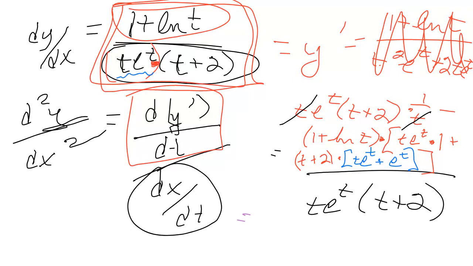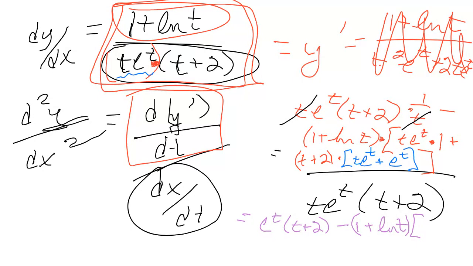On top, what do I got? I got e to the t times t plus 2, and then minus 1 plus natural log t, times, and then I have to figure out what's all in here. This is t e to the t. I have to multiply this out here.